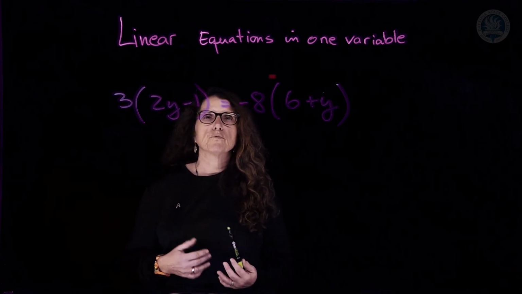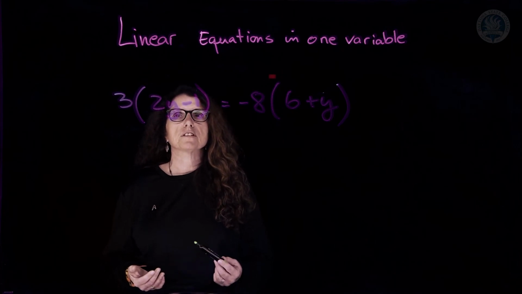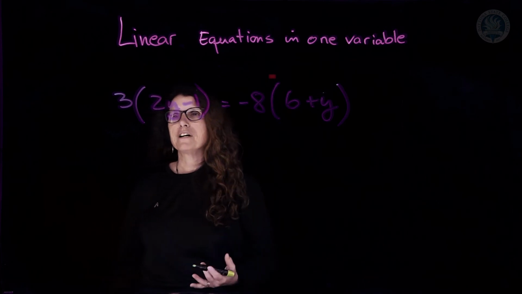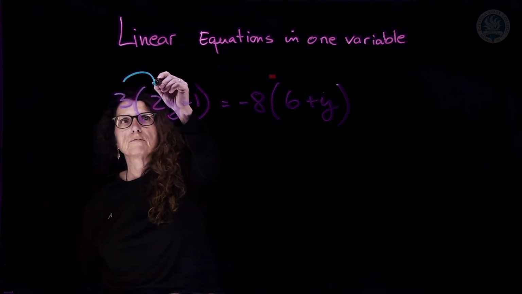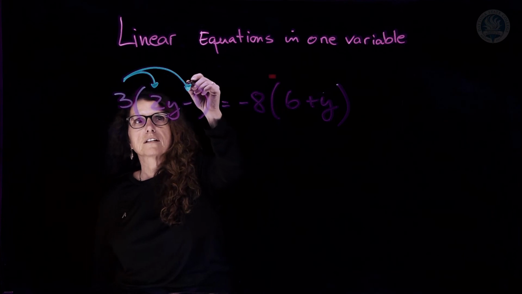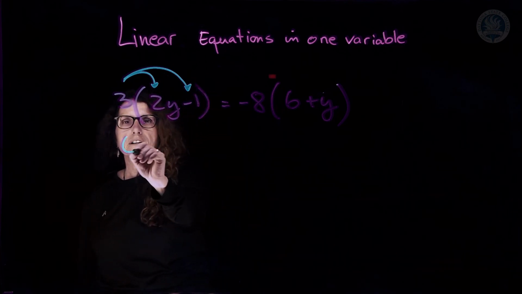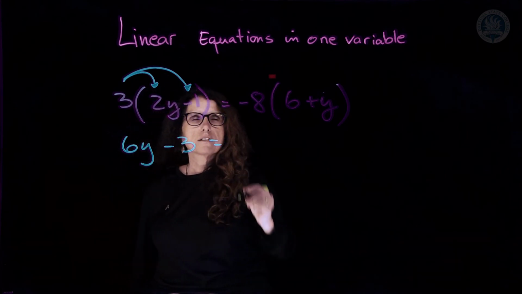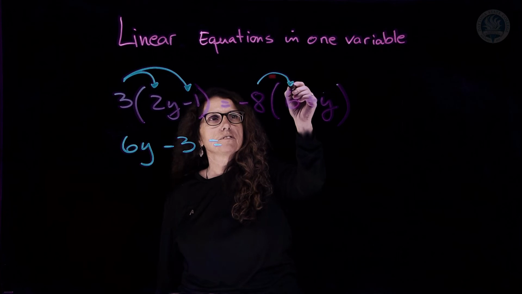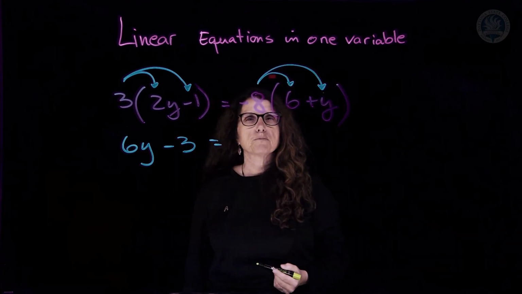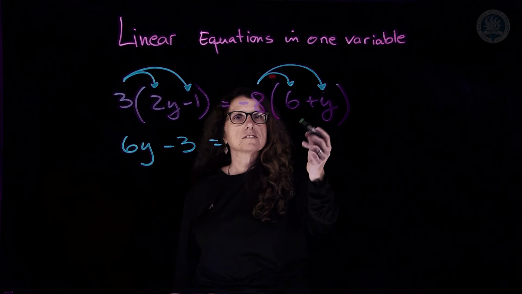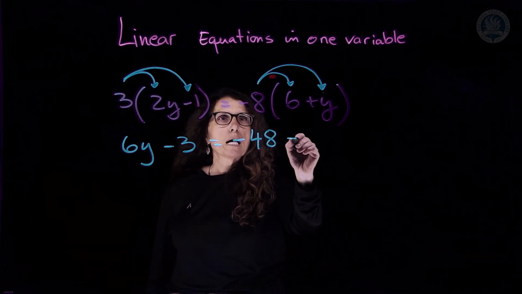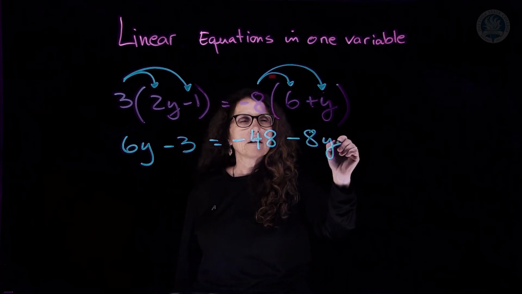In this equation, one of the first steps in solving equations is to clear the parentheses, which means in this case we must distribute this 3 over the 2y and over the negative 1. 3 times 2y is 6y, 3 times negative 1 is negative 3, and that equals, on the other side, we do the exact same. We are distributing the negative 8 over 6 and y. That leaves us with negative 48 minus 8y.